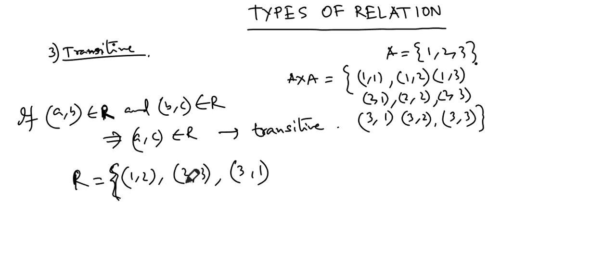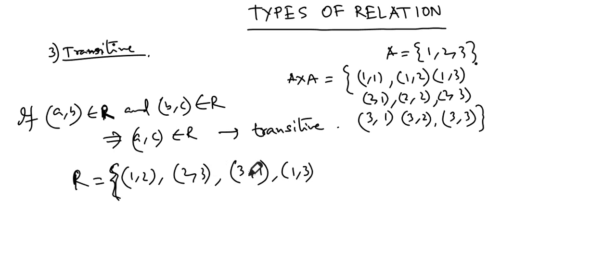There is (1,2) and (2,3), so 2 and 2 match here, B and B match. If B and B match, then (A,C) would be there. (A,B) is in R and (B,C) is also in R. Then if the last element of this pair and the first element of the next pair match, then (A,C) would be there. So here 2 and 2 match, so (1,3) should be there to make it transitive.